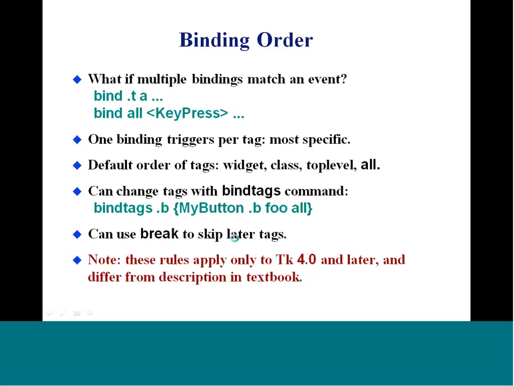But in a graphical environment, many events are happening at the same time. So what happens when multiple bindings match one particular event? You can have, for example, a binding for A, and then you can also have, say, a bind all KeyPress.